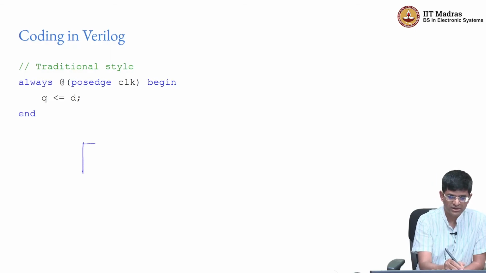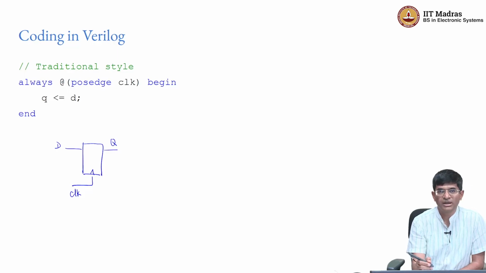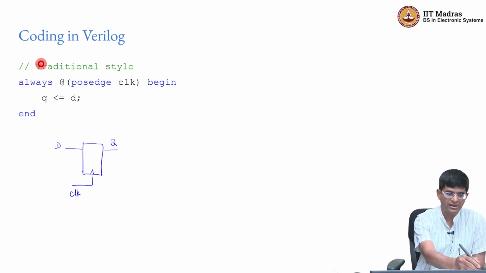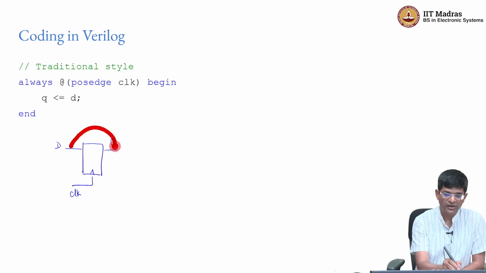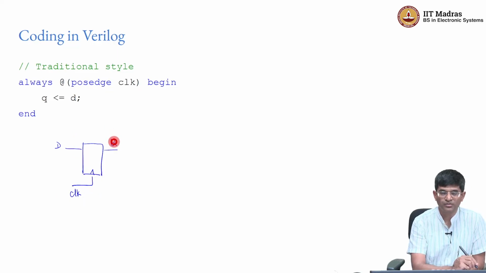If we think about it, this looks precisely like the behavior of a D-type flip-flop. I have a clock here, a D input here, and a Q output. And my understanding is that this structure performs precisely the functionality described here. It waits for the positive edge of this clock, takes the value of D and copies it over into Q.